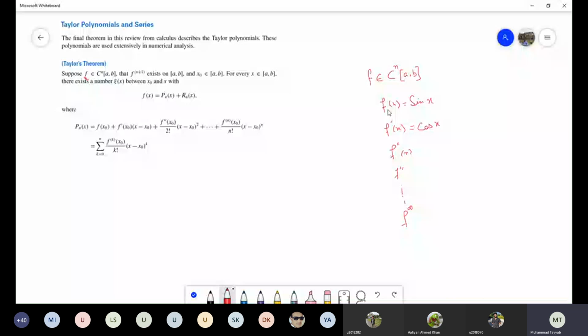So one can say that the trigonometric function sine x belongs to the infinitely differentiable class on the interval -1 to 1, because sine is a sinusoidal function. It can play between -1 and +1.